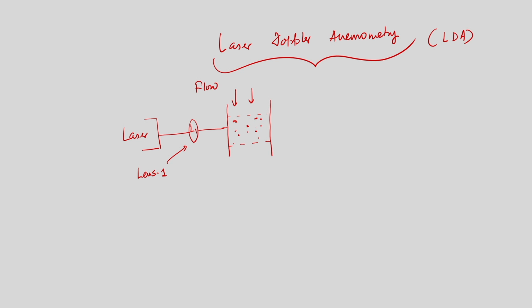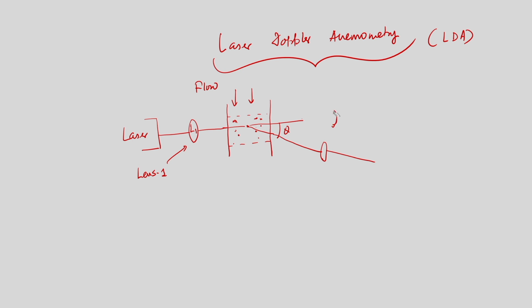Since the light is falling on the tracer particles, the light will be scattered, but some portion will be transmitted directly. Some portion of the light will be scattered at an angle theta, and it is taken to the lens, and finally to the beam splitter, while the light which is transmitted is taken through another lens.